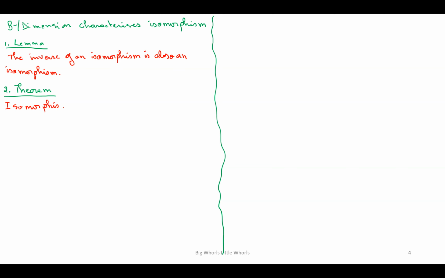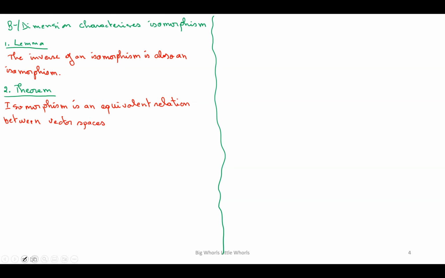Isomorphism is an equivalent relation. An equivalent relation between vector spaces.